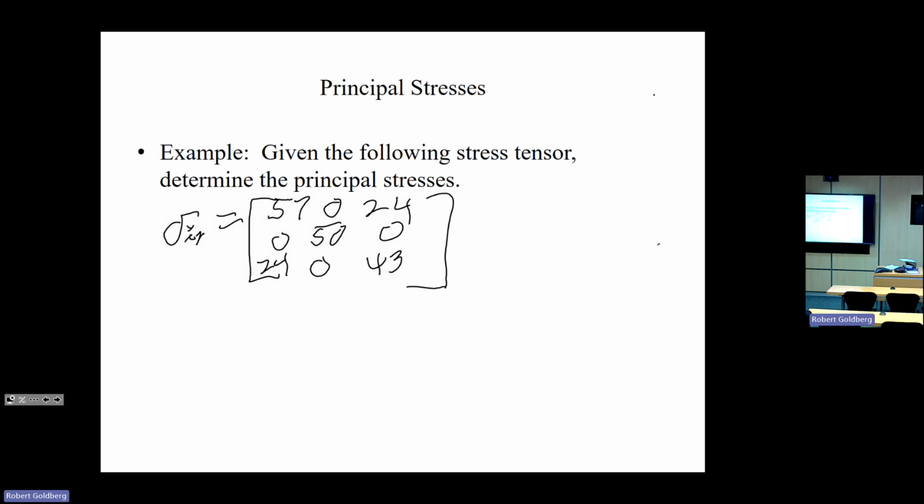We want to find the principal stresses. So what's the equivalent matrix where these 24 terms go to 0, and what will the diagonal terms look like?